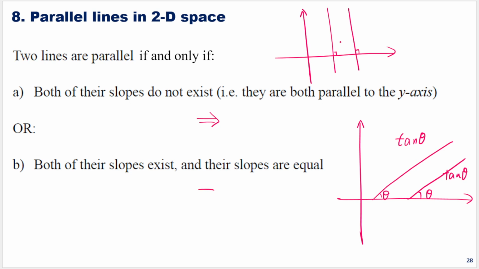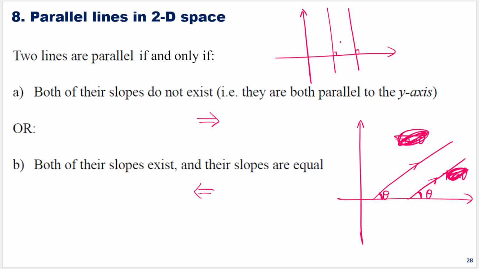And you need to also prove this direction, which means if their slopes are equal, then they are parallel. Intuitively speaking, if their slopes are equal, then these two angles should be the same, right? Because we could express their slopes using these angles. So if these two angles are the same, that means corresponding angles are the same, so this line must be parallel with this line in geometry, right?